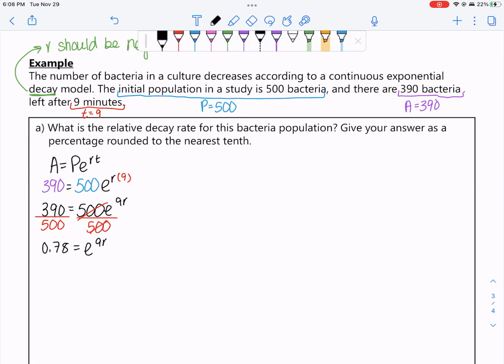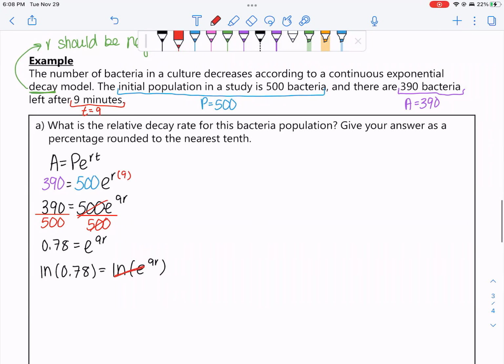Applying natural log to both sides, ln of 0.78 is equal to ln of e raised to the 9r. The ln and e cancel. Remember, ln of e raised to the whatever is the whatever. So we have ln of 0.78 is equal to just the exponent 9r.